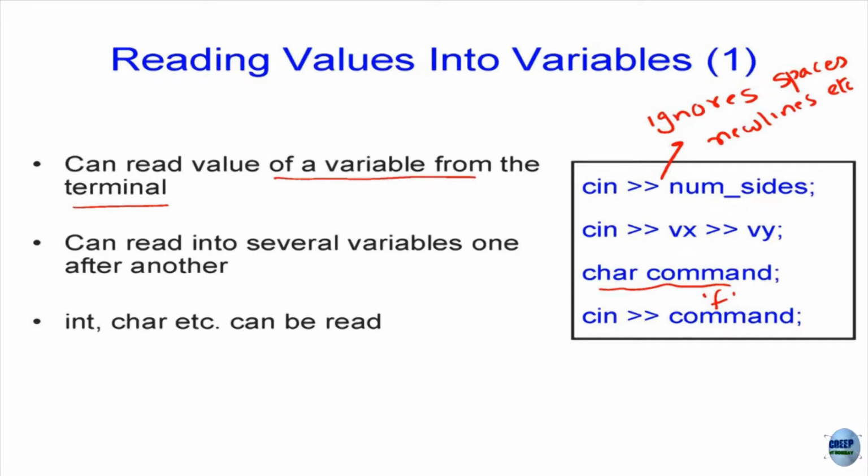Now you could read values of variables from the input. Okay, so we have already seen number of sides as an example in the last class. It's all about reading the value of a variable from the terminal. Let me illustrate with an example.